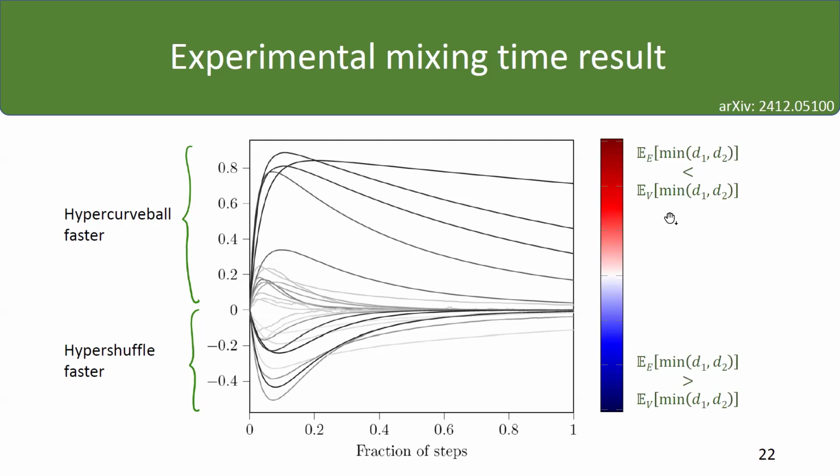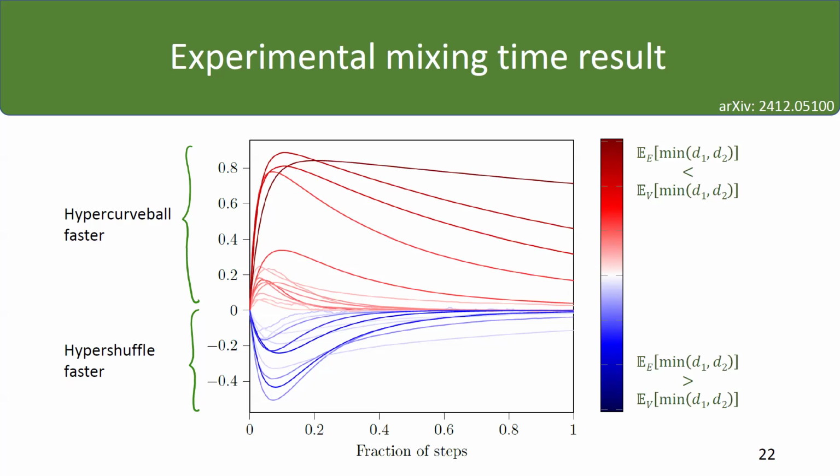So for every data set, we can check whether the inequality holds one way or the other way. And then if all the positive lines are red and the negative lines are blue, then our hypothesis seems to hold. And this is indeed the case. So for all the data sets that we checked, the hypothesis seems to be true, which is great.